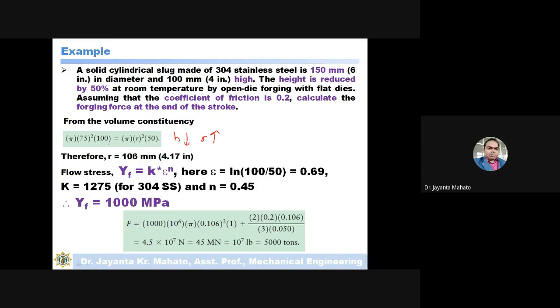So the initial volume, pi R squared into L length, will be the same. The initial length was 100 mm, and after forging, the height is reduced by 50%, means 100 to 50% means it becomes 50 mm.